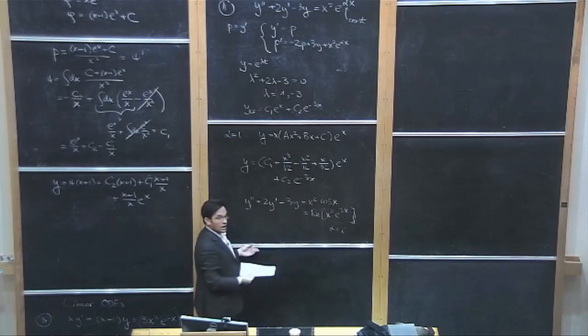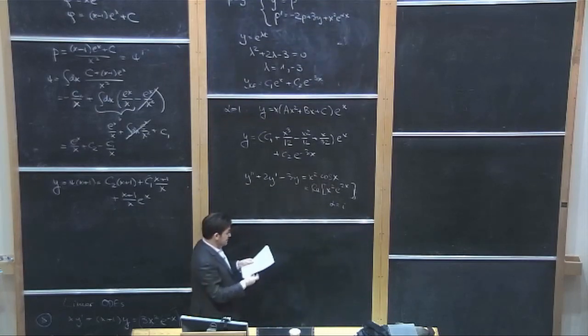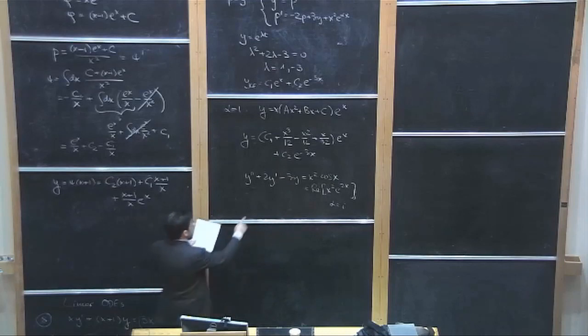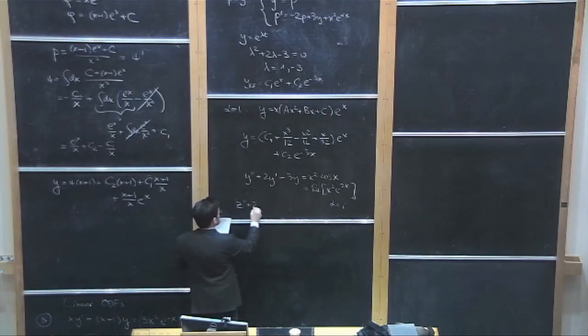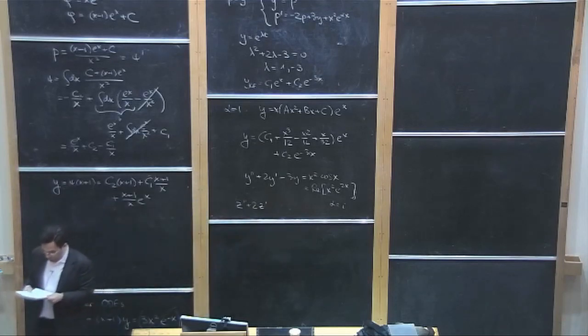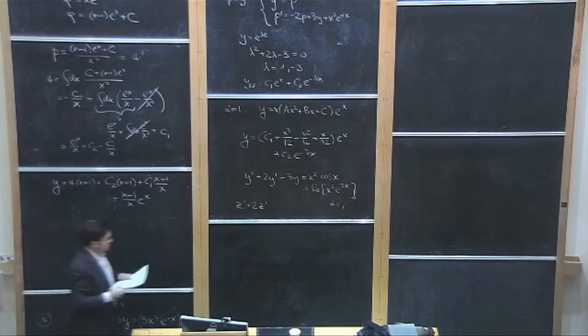Alpha is now equal to i. There's nothing different about this except realizing that what you should do is solve a complexified equation. So this is one of these examples in life where, to make things easier, you have to complexify them.